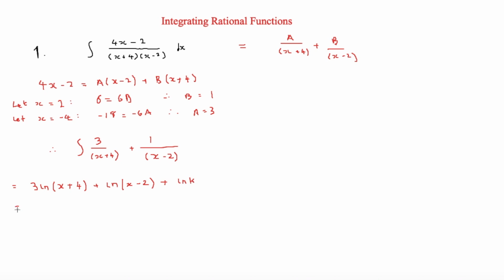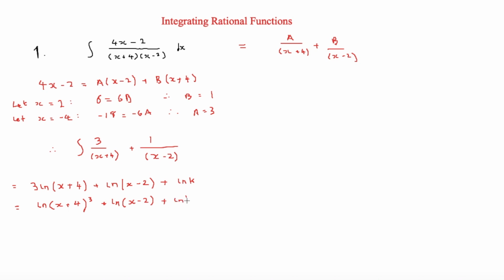Now we could do a little bit of rearranging here. Using our third logarithm rule, we're going to make this ln (x plus 4) cubed, plus ln (x minus 2), then plus ln k.